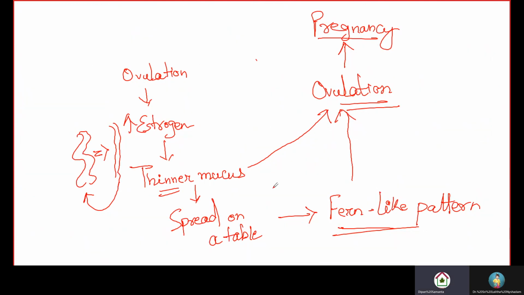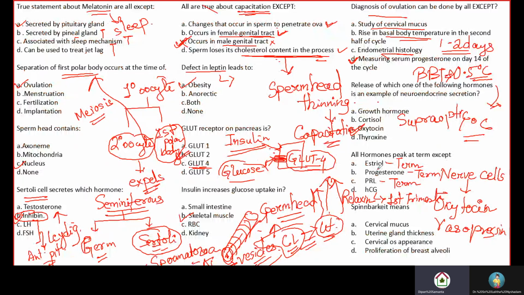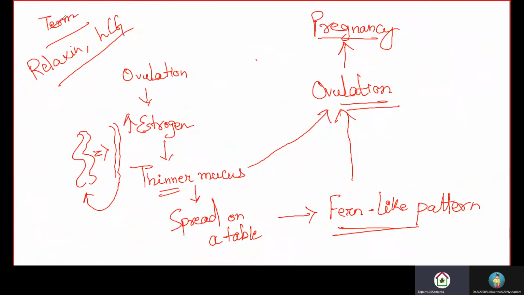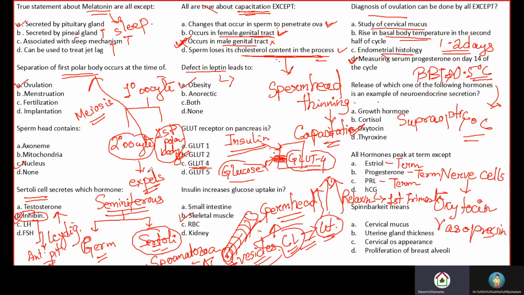So two hormones, relaxin and HCG, are at peak level during the first trimester, and the other hormones peak at term.